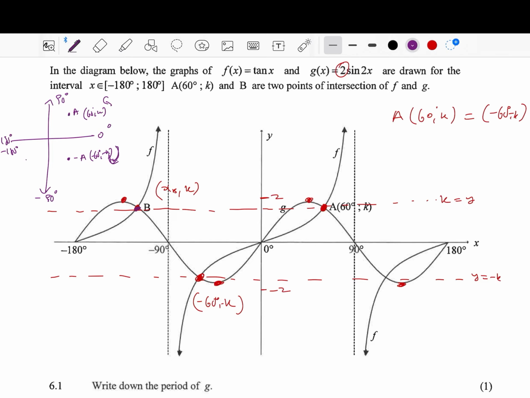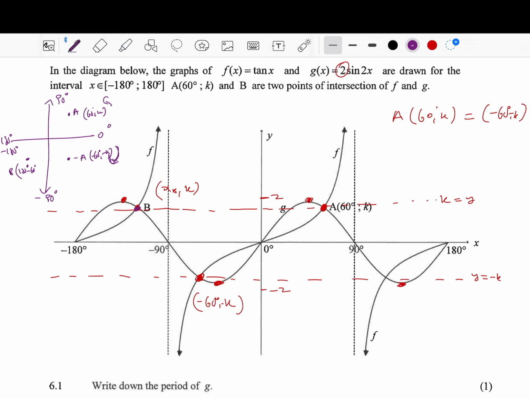As you can see, this point is between negative 90 and negative 180. So this negative 60 is no longer just negative 60, but it's between negative 180 and negative 90. So it's 180 degrees minus 60 degrees.